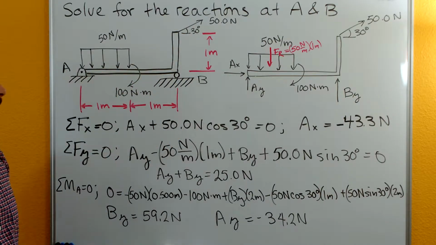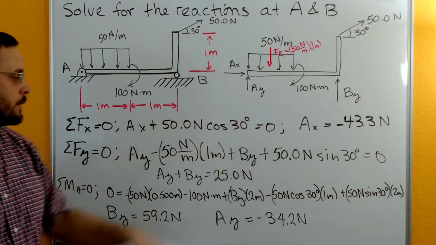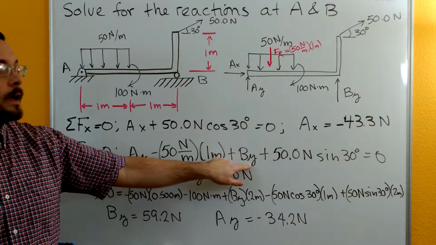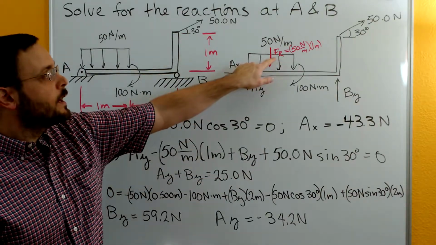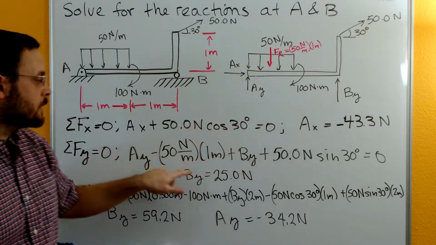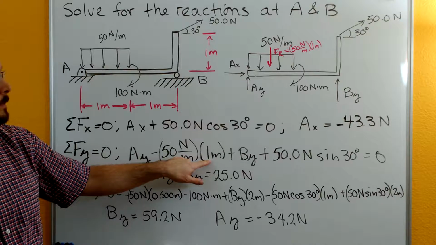Either one is good. Now let's look at our sum of forces in the y direction. So sum of forces in y is equal to 0. So we have the AY here. We also have the BY here from the support. We have the reaction resultant from the distributed load. So there's our 50 Newtons, just 50 Newton per meter height times that 1 meter base.